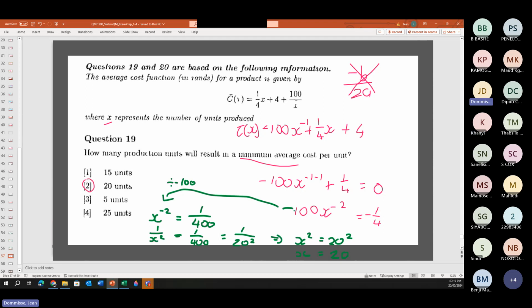So negative 100 divided by negative a quarter will give you a positive. So remember, a negative times a negative will give you a positive. The same, a negative divided by a negative will also give you a positive.